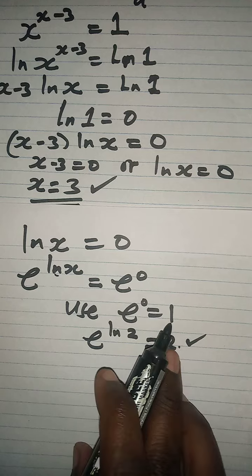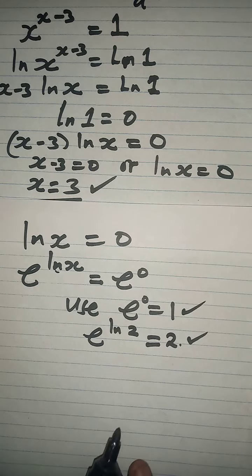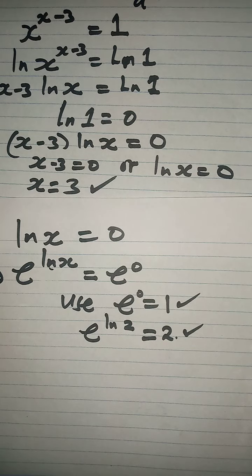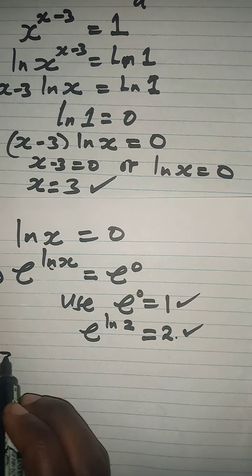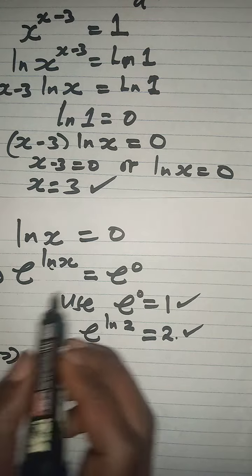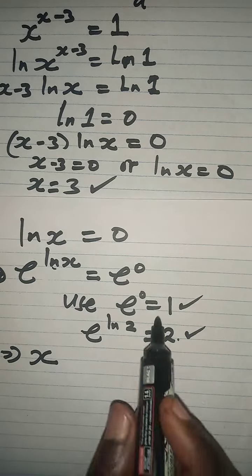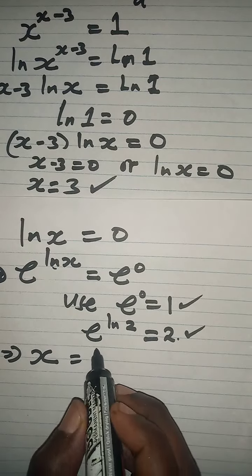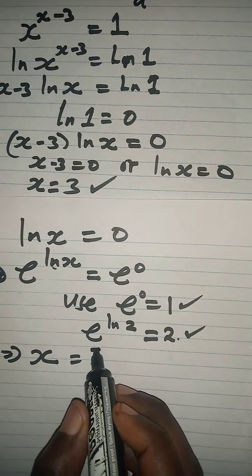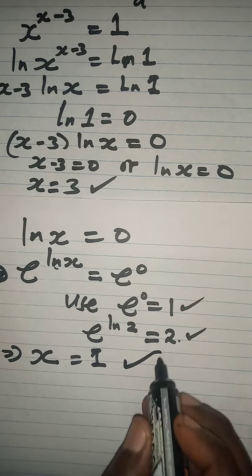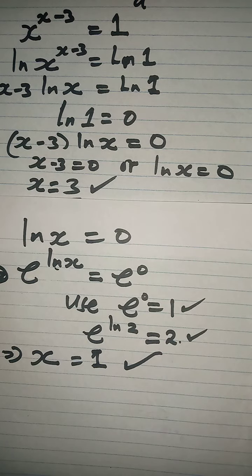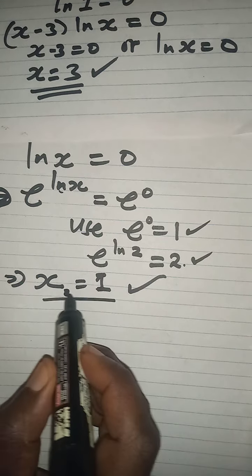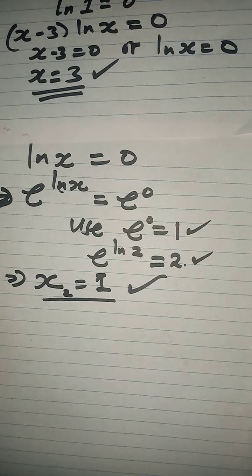So on this side I have x, and on the other side the exponential of 0 is equal to 1. That is our second answer, x2 is equal to 1.